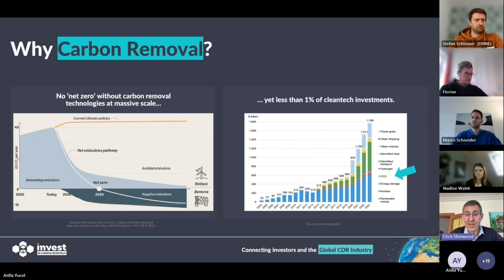And CCS, which is broader and bigger than carbon removals, is quite small in this graphic. It represents approximately or less than 1% of clean tech investments, which is far, far less than it should be, particularly if we are going to be scaling this industry at the speed required to meet the 2050 goals.